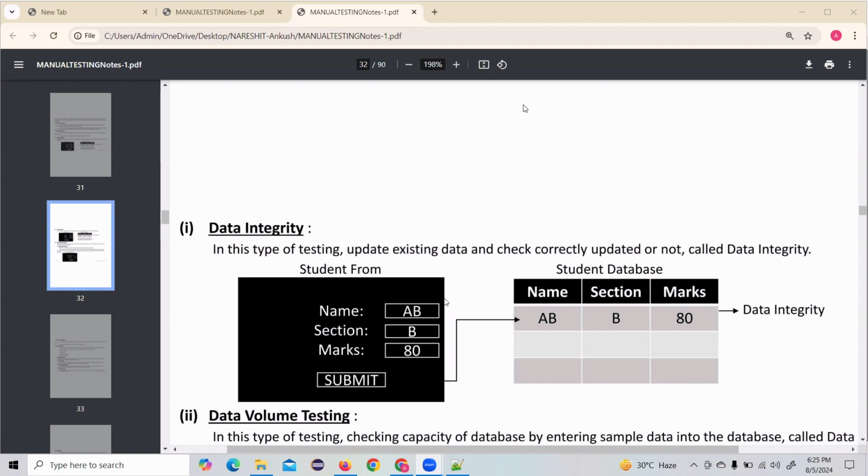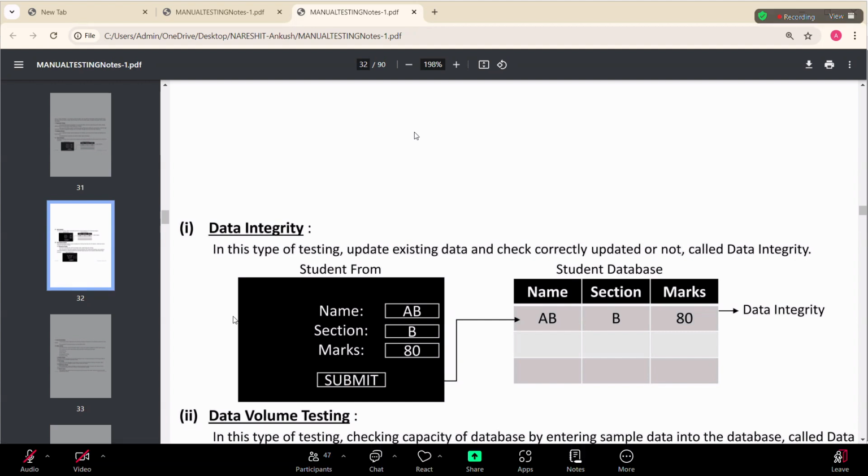How many things are needed for a laptop? If you want to construct one laptop, how many things are necessary? A processor, okay. CPU. Next, RAM, ROM, accessories.